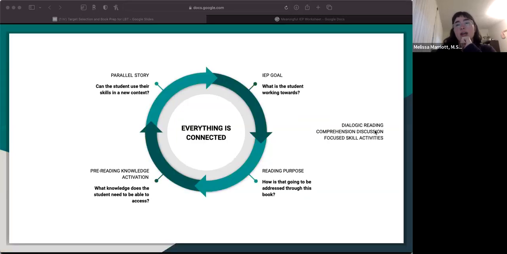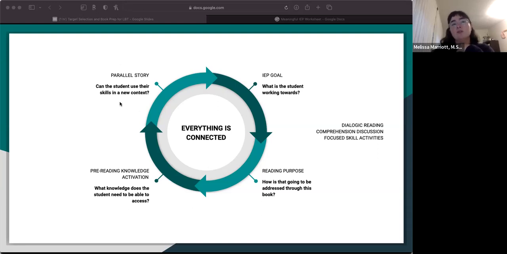The reason why these 3 steps of the literacy-based therapy framework are outside the circle is that these are so flexible. The dialogic reading, the comprehension discussion, the focus skill activities, they happen in my mind outside this cyclical process of the goals and the purpose, the knowledge activation, and the parallel story. So this is a very iterative process.